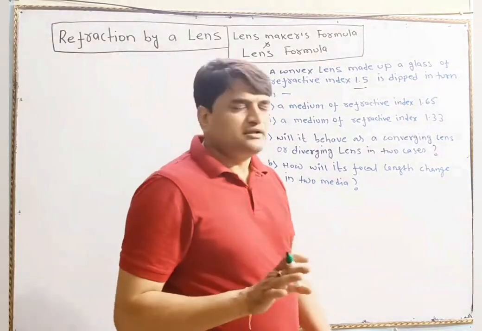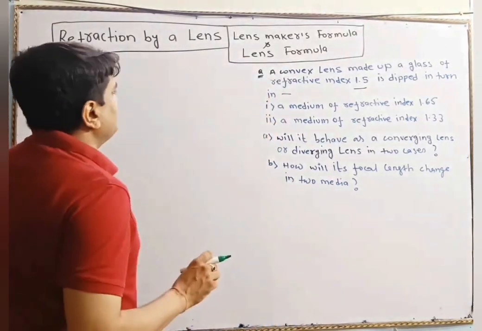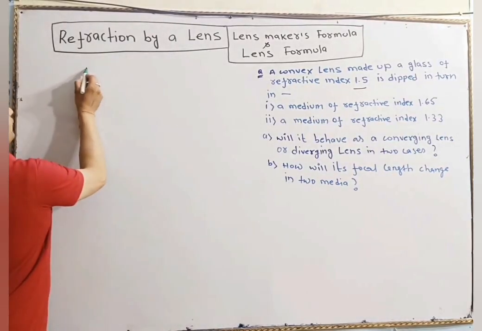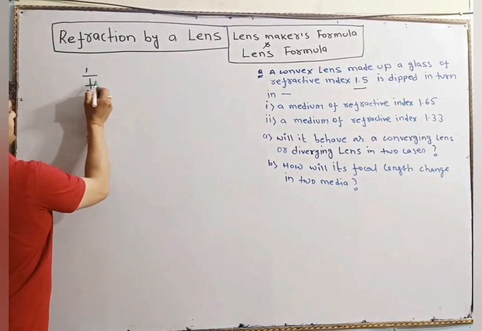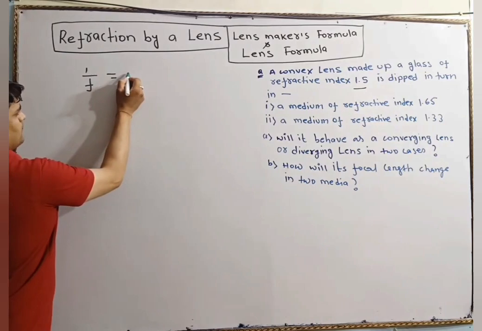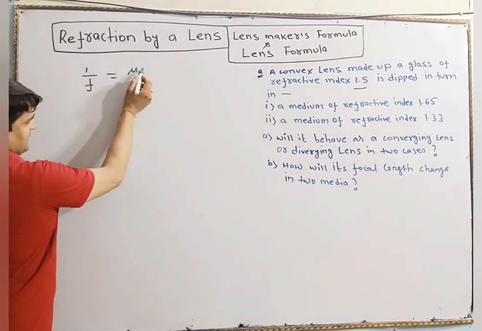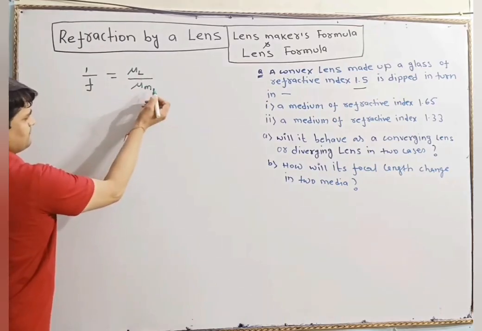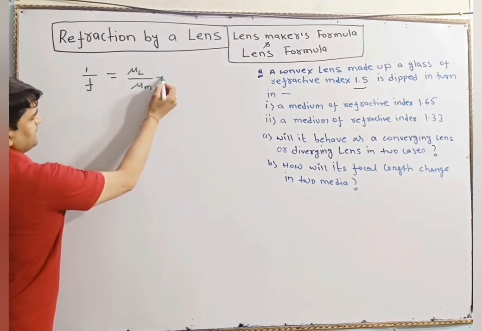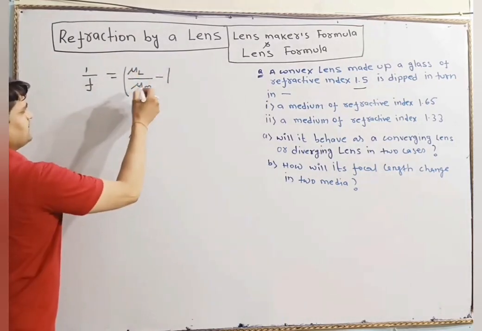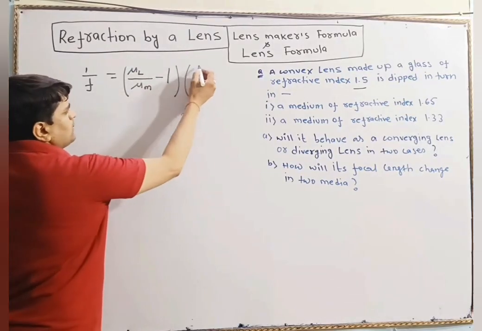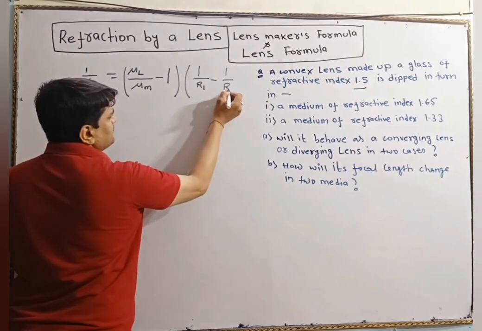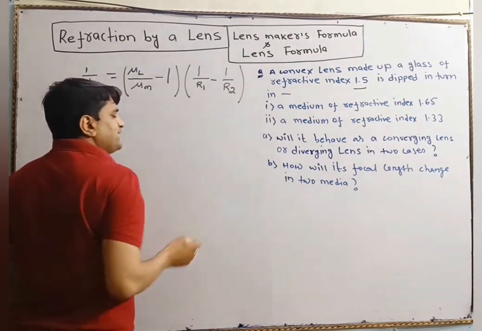Okay, simple. Now we have the lens maker formula. It is 1 upon f equal to (mu L upon mu m minus 1) into (1 upon R1 minus 1 upon R2), where mu L is the refractive index of the lens and mu m is the refractive index of the medium.